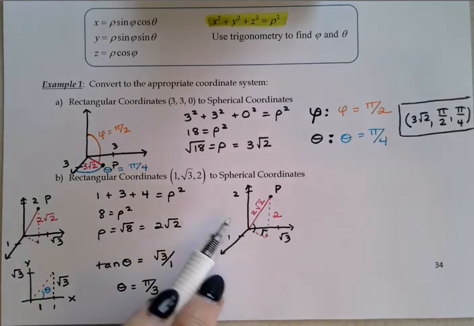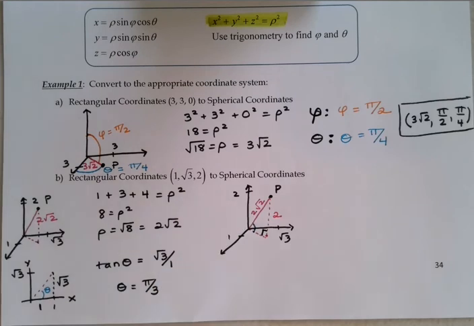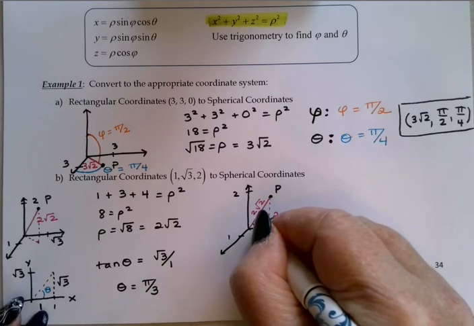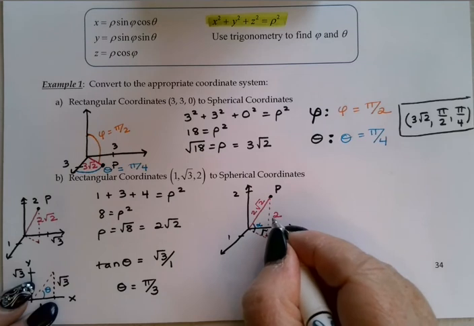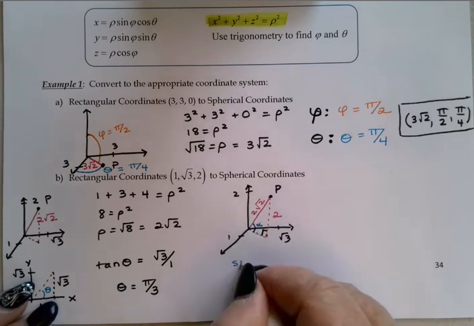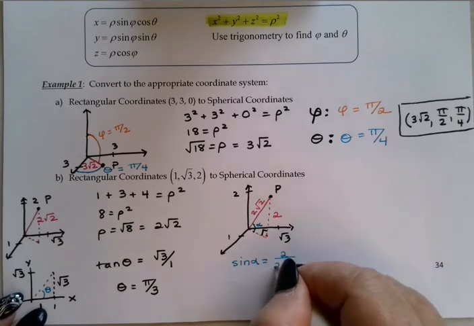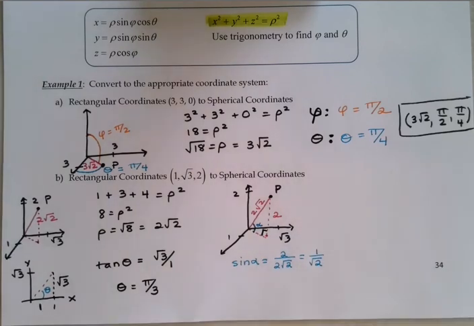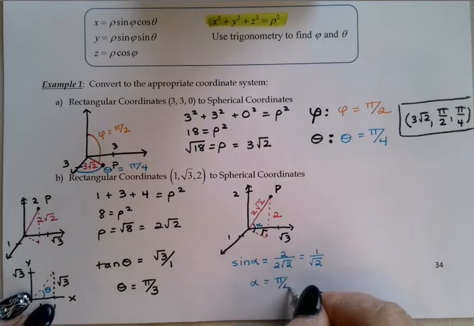It's not the angle I want. The angle I want is the angle with the positive z-axis, which would be out here. But it is the complement of the angle I want. So I'll be able to get what I want, the phi, from this. Since it's not yet the phi, I'm going to give it a different name. I'm just going to call it alpha for now. And I'm going to say, opposite over hypotenuse, the sine of alpha is 2 over 2 square root 2, or just 1 over the square root of 2. Using the inverse sine, that means alpha is pi over 4.